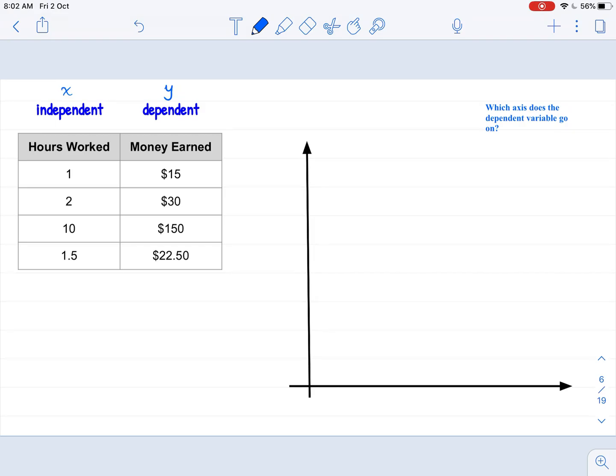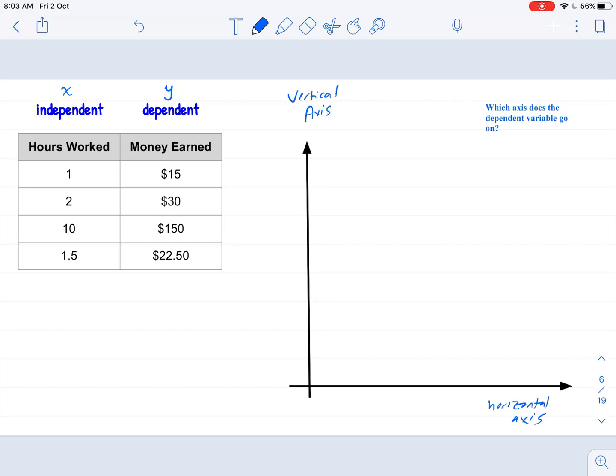So if I want to graph that relationship, which axis, so the axes are these two lines, right? I have my vertical axis, and I've got my horizontal axis. Of these two axes, axes being the plural of axis, where does the dependent variable go?